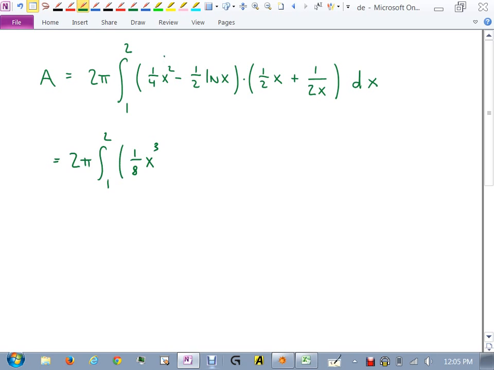Next one, 1/8 x. Next one, negative 1/4 x ln x. Next one, minus 1/4 ln x over x dx.